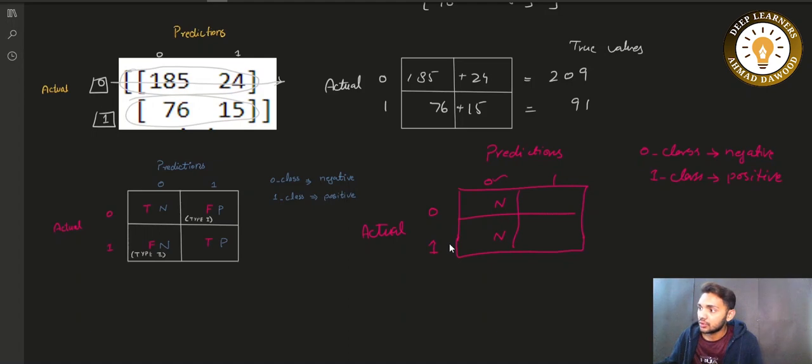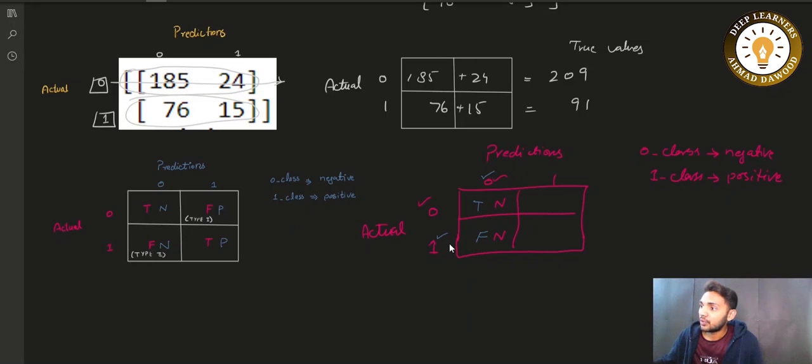If your model has predicted negative, and the true value is also negative, then it will become true negative. If your model has predicted negative but the actual value is positive, actual value is 1, then your model has done a wrong prediction. It will become false negative.